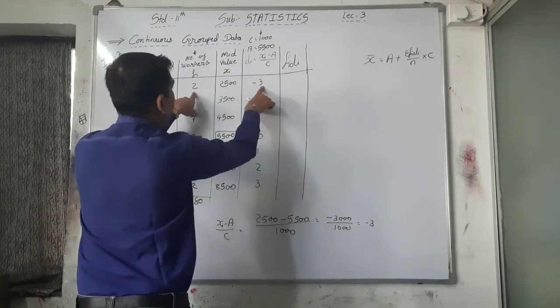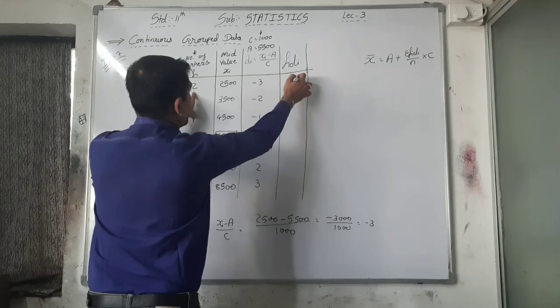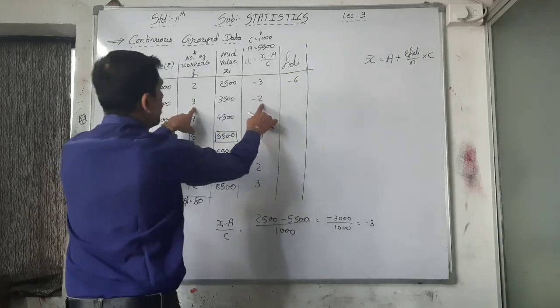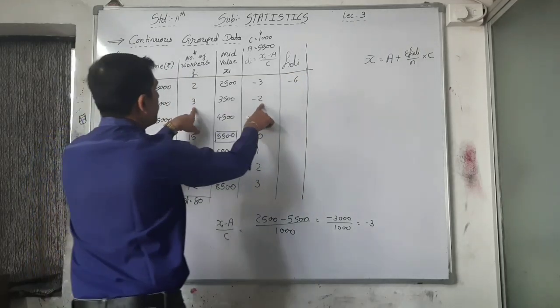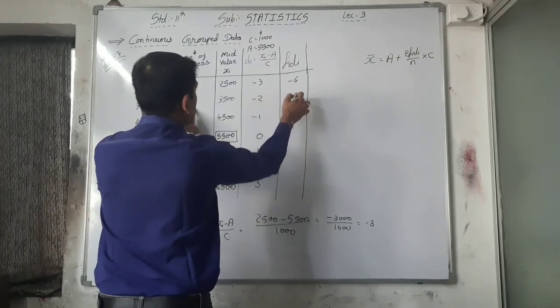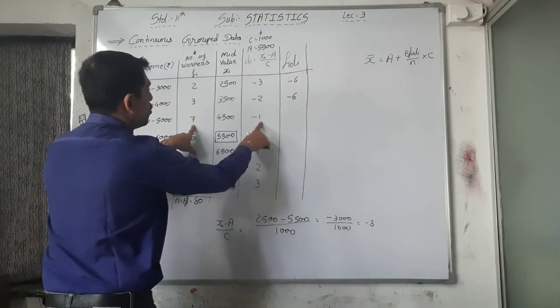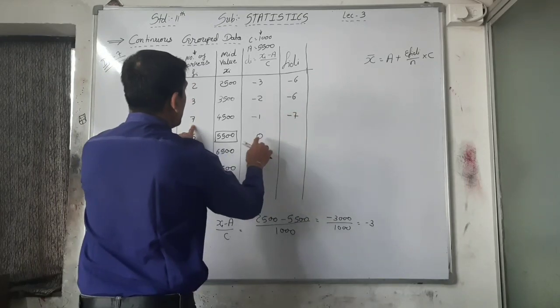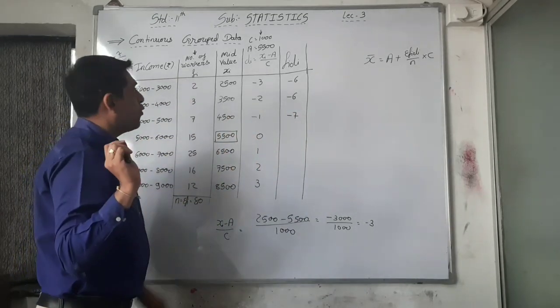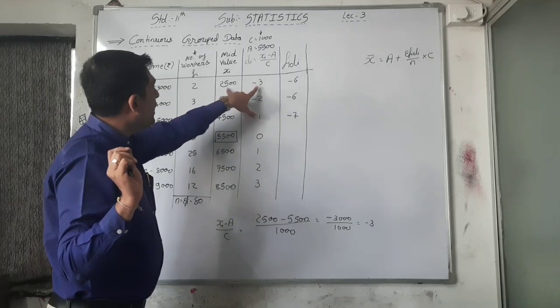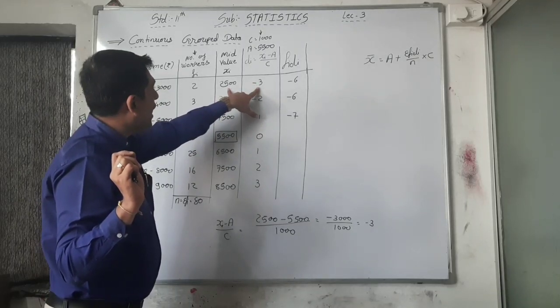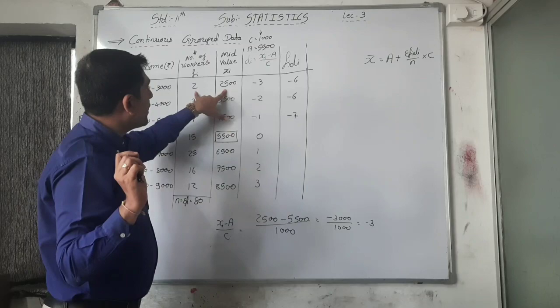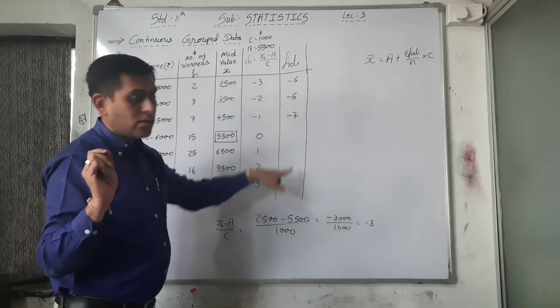2 into -3, that is -6. 3 into -2, that is again -6. Now 7 into minus 1, that is minus 7. See, you have to be careful that if you multiply xi with di or fi with xi, then the answer is wrong.